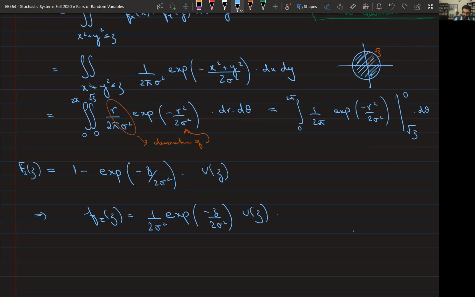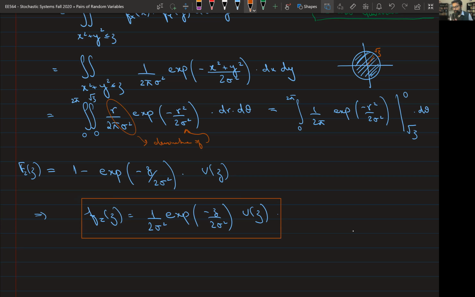This is an important result that's used in lots and lots of applications: if x and y are independent Gaussian random variables, which are zero mean and identically distributed, and I were to compute the PDF of x squared plus y squared, that new random variable turns out to be an exponential random variable. Okay, and we'll stop here.